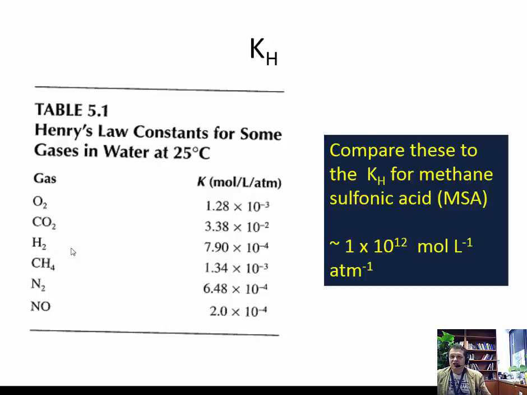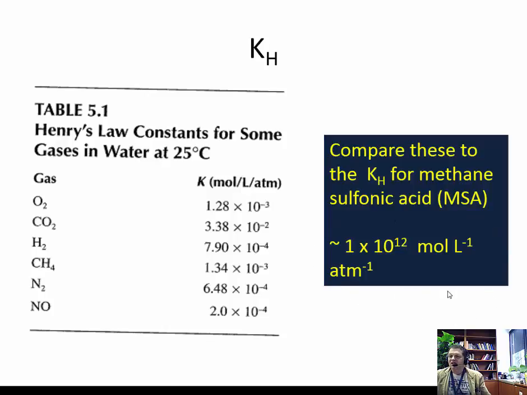I'd like to look at the range of these Henry's law constants. As the constant gets smaller, the substance is less soluble. To give you a reference, methane sulfonic acid is a natural product, an oxidation product of dimethyl sulfide in the atmosphere.